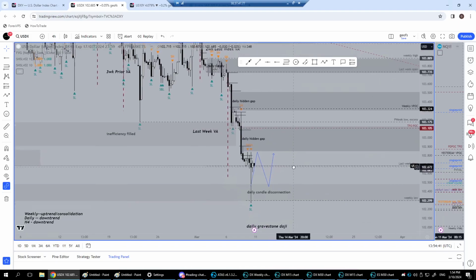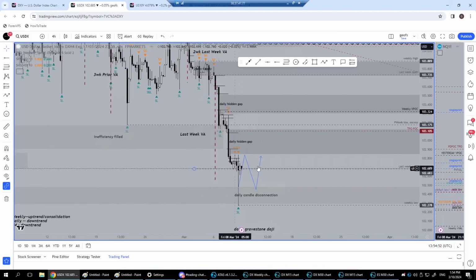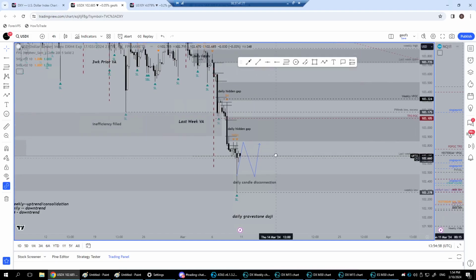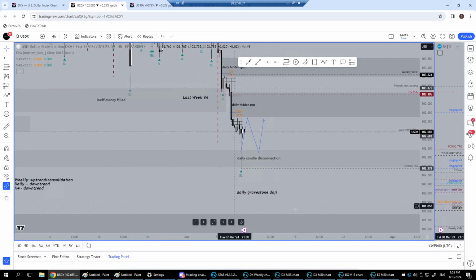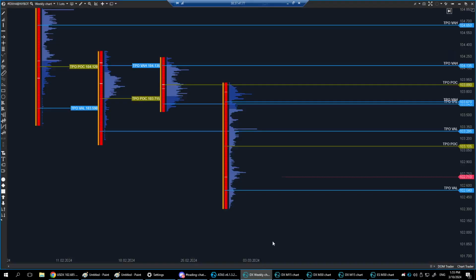So we're already starting to draw a picture of what may happen next week. Got a weekly low there. So CPI on Tuesday, if I'm not mistaken. US CPI. So we should note levels lower down that may be tested.